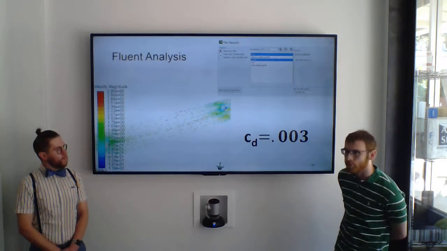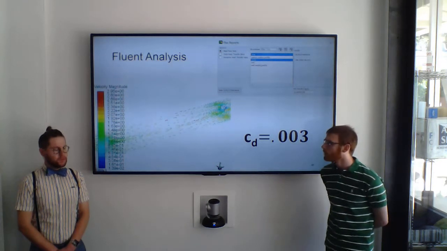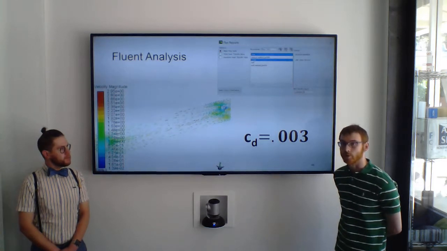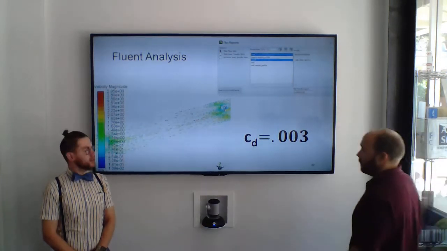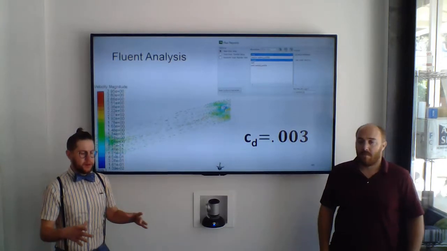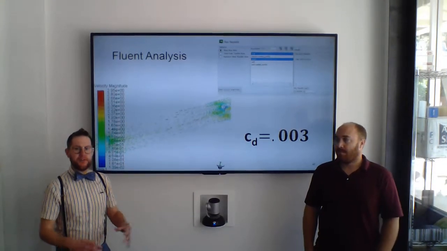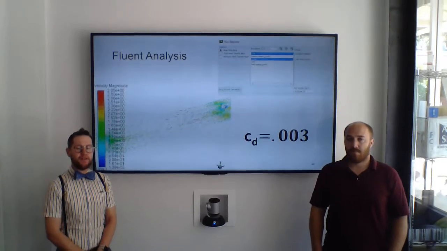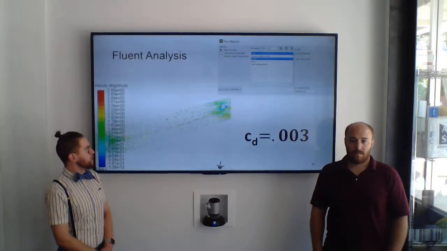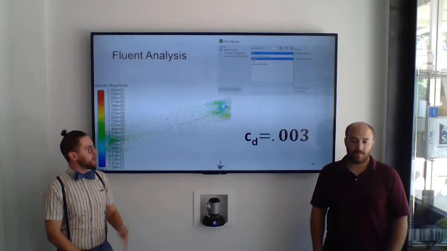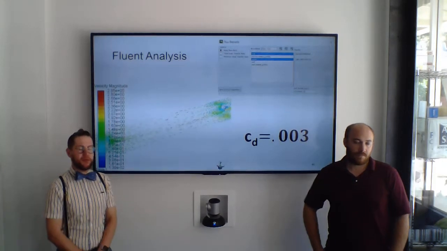However, we thought that our coefficient of drag was kind of high, so we did further hand calculations to confirm our suspicions. For the hand calculations, we did 2 different calculations. The first, we took the bottom area of the kayak. We approximated flow across a flat plate. With that calculation, the flow turned out to be laminar. We got a coefficient of drag of 0.003.